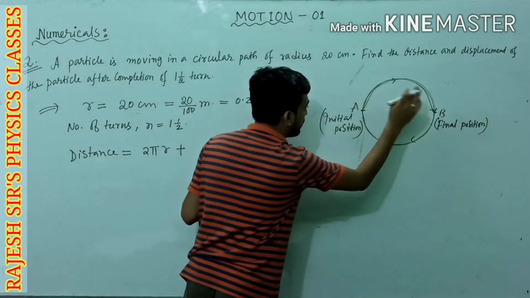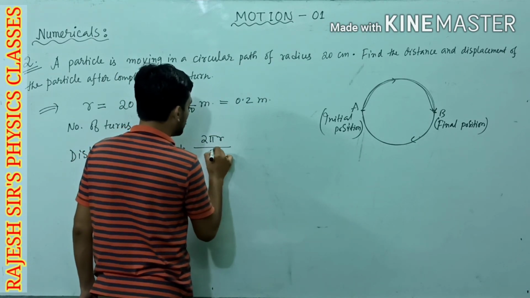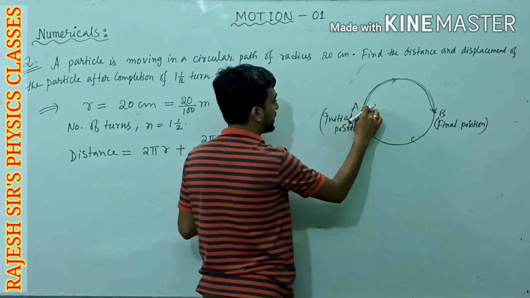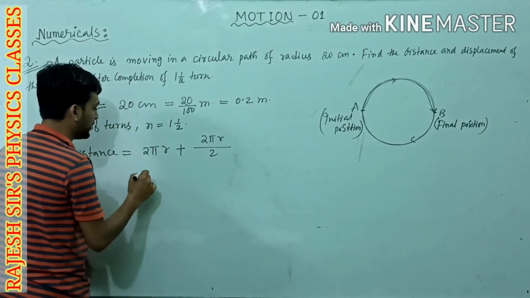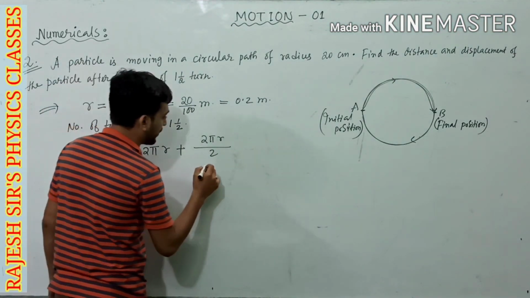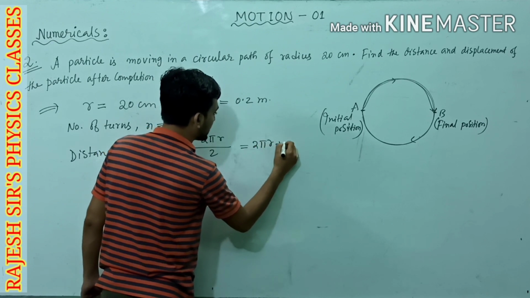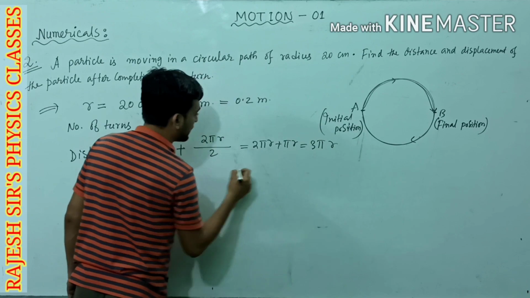So from A to B, what is the distance? Circumference by 2. So if the whole distance is 2 pi r, this one will be 2 pi r by 2, half. Okay. So after calculation, what we are getting? We are getting 2 pi r plus pi r is equal to 3 pi r.